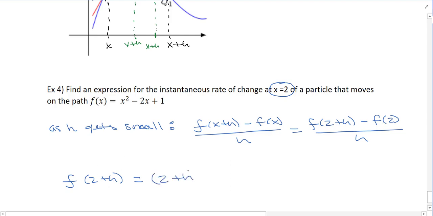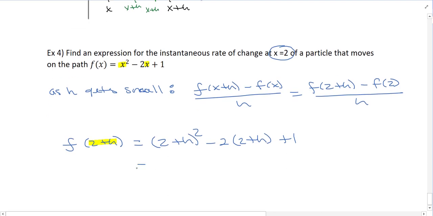So I'm going to have 2 plus h squared minus 2 times 2 plus h, right? Everywhere you see an x, plug in 2 plus h. And plus 1 over here. So 2 plus h quantity squared minus 2 times 2 plus h plus 1.